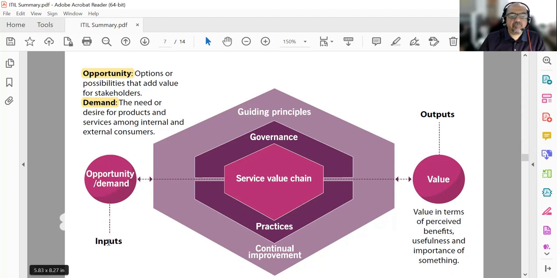So we have here some inputs to the system. On the other hand, we have outputs, and these outputs will give me the outcome, which is the value in terms of perceived benefits, usefulness, and the importance of something. Again, you notice the arrow, 2-direction arrow. Why? Because we are getting feedback. You remember, we will progress iteratively with feedback.